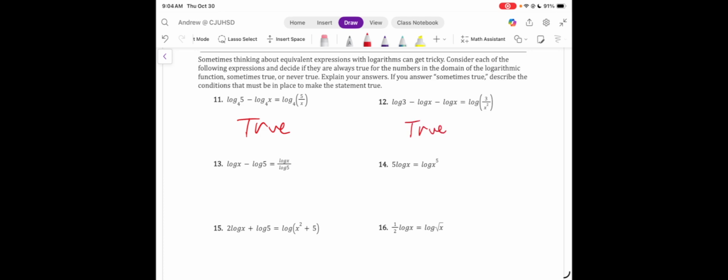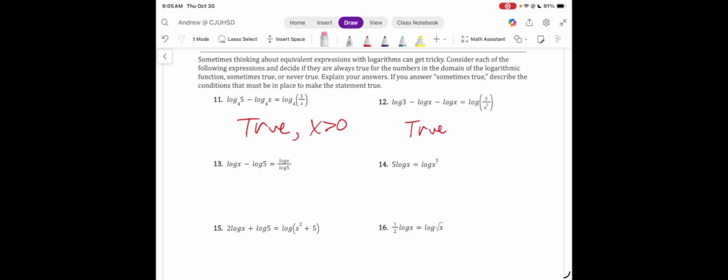However, on 11 and 12, there's something else that has to be true. You notice how x is in the denominator? Well, you can't divide by 0, so you also need to add x has got to be greater than 0. Actually, not greater than 0. Yeah, greater than 0, because on this one, we don't want the log to get a negative number. That would be out of the domain.